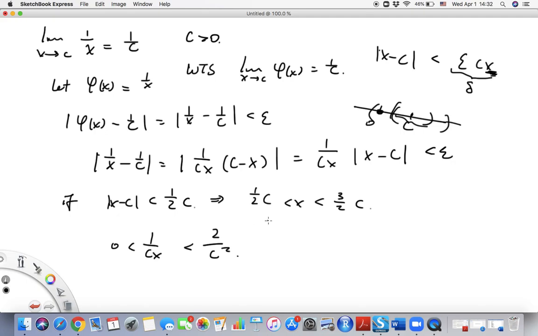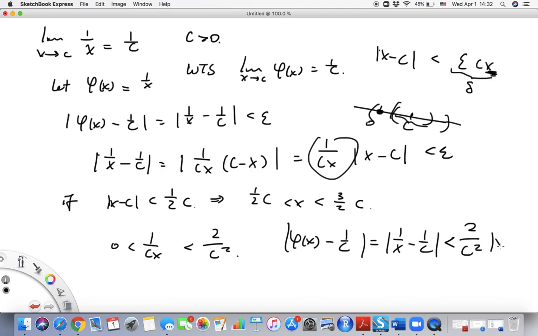Therefore, phi of x minus 1 over c, which is 1 over x minus 1 over c, I'm going to replace by 2 over c squared, so this is less than 2 over c squared times absolute value of x minus c. Then how do you make sure this is less than epsilon? You just need the absolute value of x minus c to be less than 1/2 c squared epsilon.